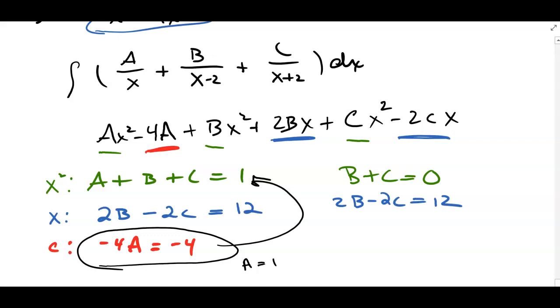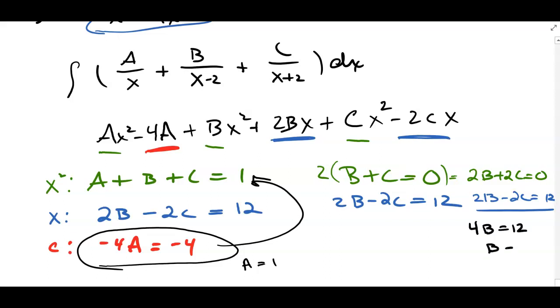So remember, you're trying to find a combination. 2 equations, 2 unknowns, then we can go ahead and solve this. I would multiply the top equation by 2, making it 2b plus 2c equals 0. My blue equation is 2b minus 2c equals 12. And when I add them up, I get 4b equals 12. So b comes out to 3.